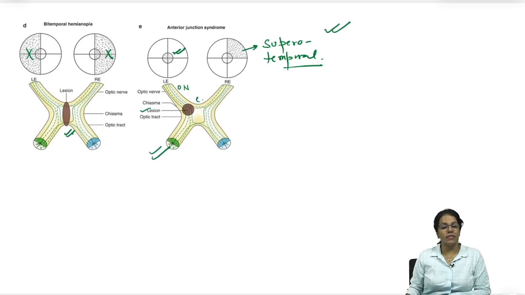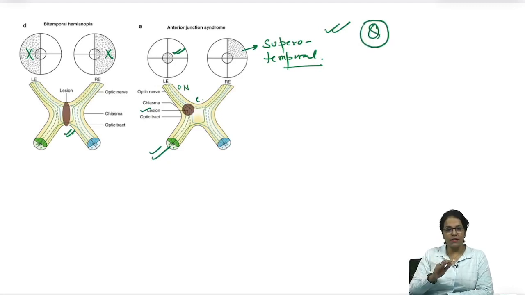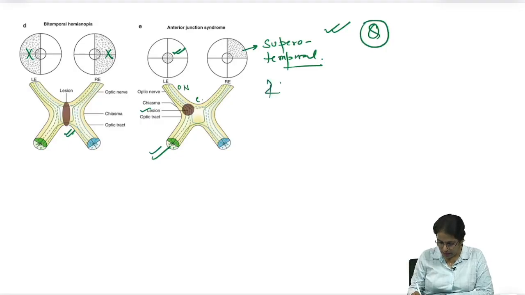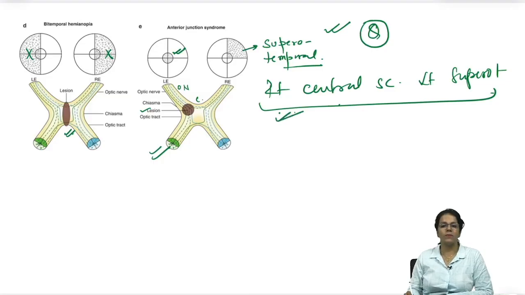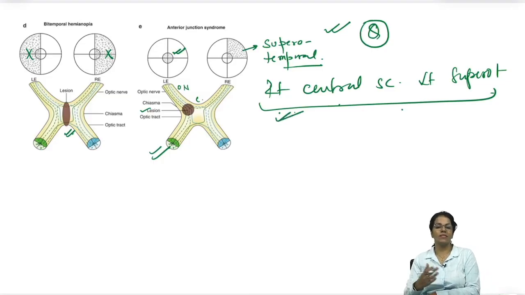Okay. So, this is a very important exam question for you all. You will have to see which side nerve is involved. So, if I say right side central scotoma, left side superotemporal quadrantopia, it automatically means that the central scotoma is on the right side, so this side nerve is involved, and on the opposite side, it is the chiasmal fibers, that is anterior Wilbrand's knee, that is involved.